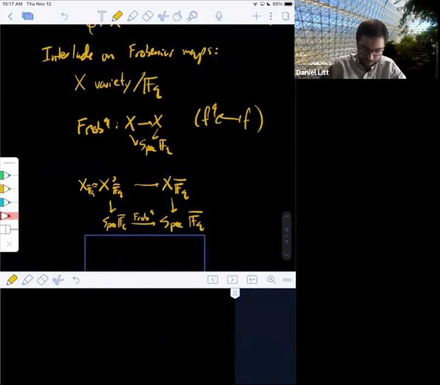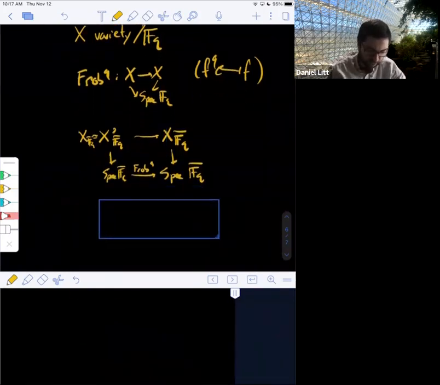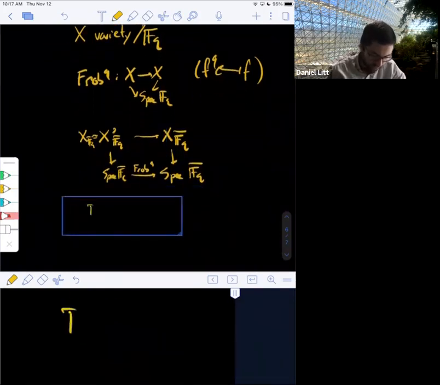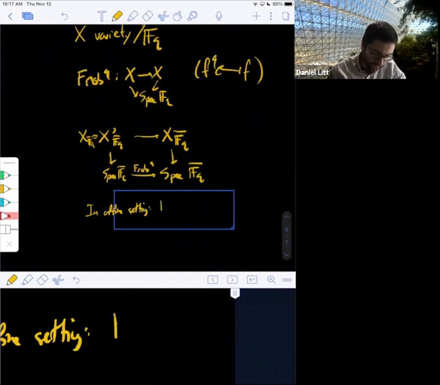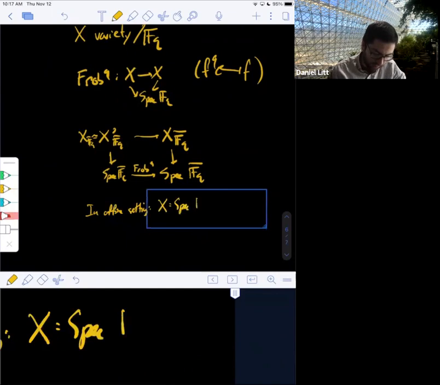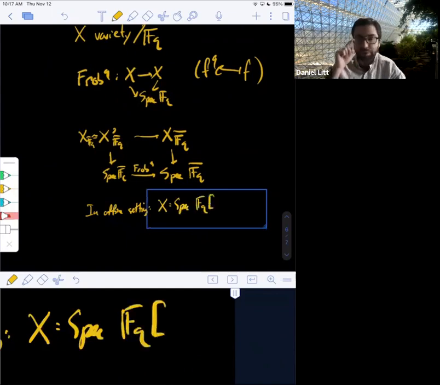So it's just given by multiplication. Let's just think in the affine setting. Suppose X is spec of FQ. If we make a canonical isomorphism, it's enough to do it in the affine setting.